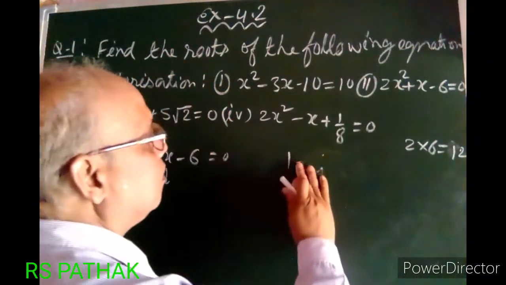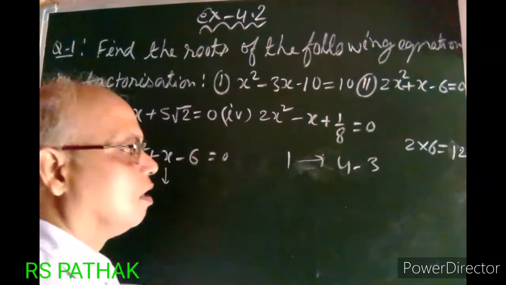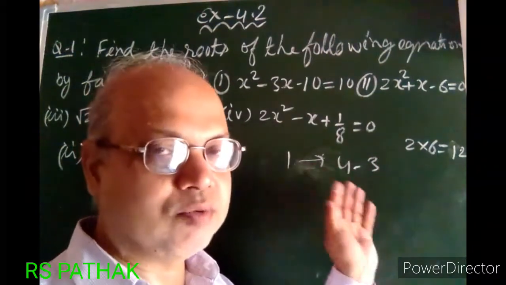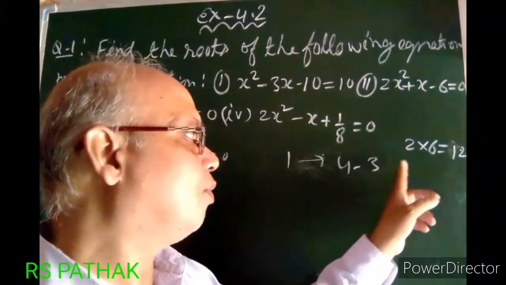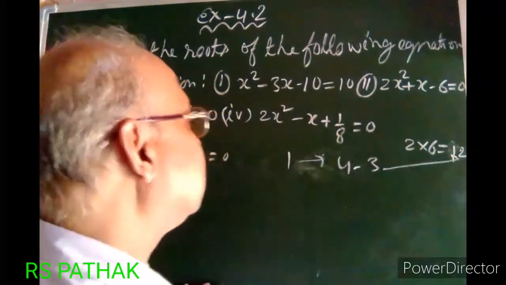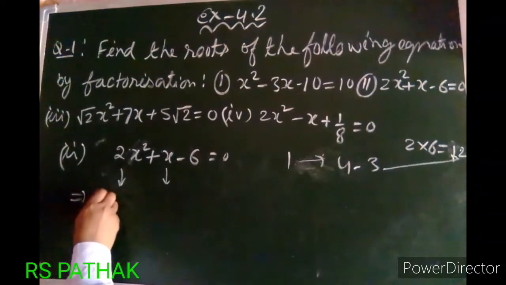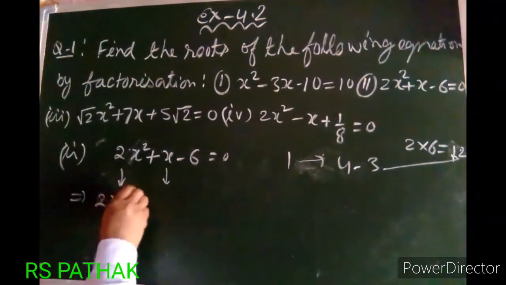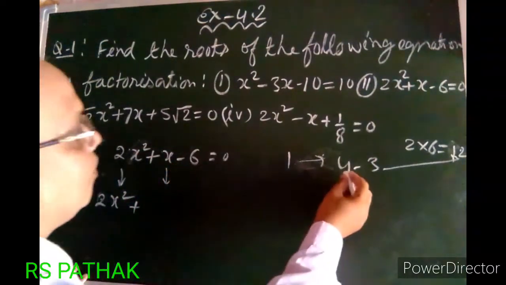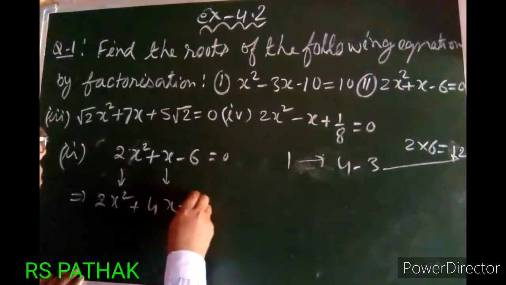That number will be 1, which can be broken into 4 minus 3. After subtracting 3 from 4, the result will be 1, and after multiplication of 4 and 3, the result will be 12. Therefore, we will break it as 2x square same, plus x written as 4x minus 3x.